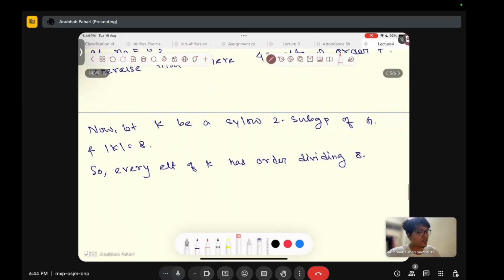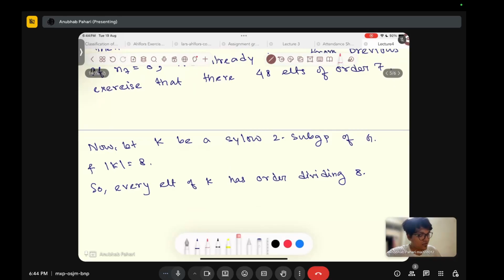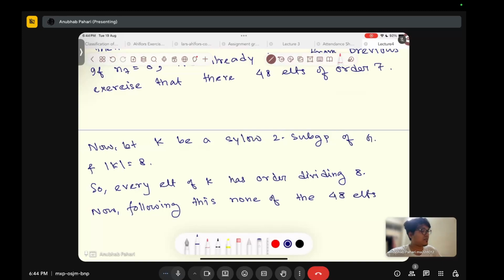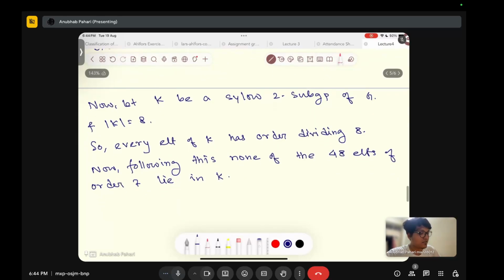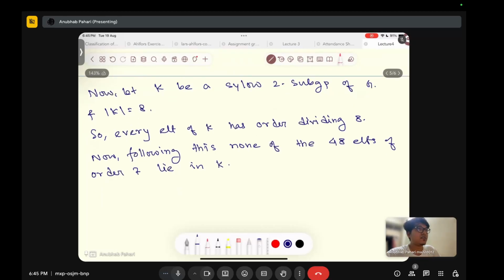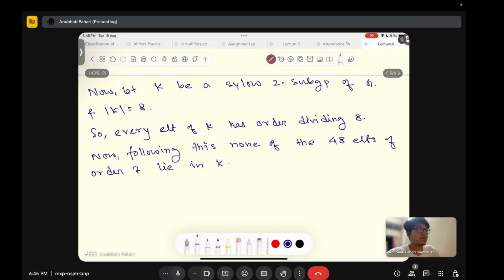Now, following this, none of the 48 elements of order 7 lie in K. We know the order of G is 56, right?